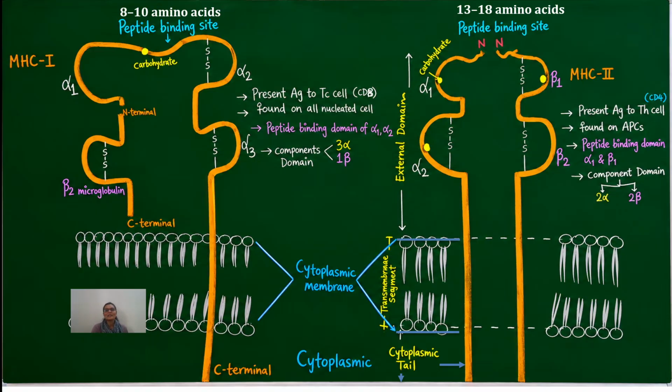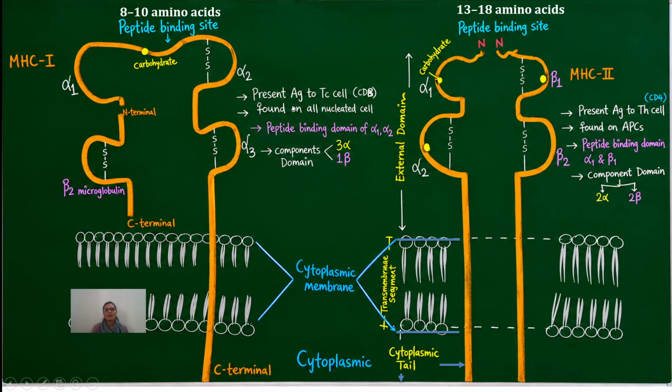Here you can see the peptide binding site between alpha 1 and alpha 2. In class 2, this is the open peptide binding groove between alpha 1 and beta 1.